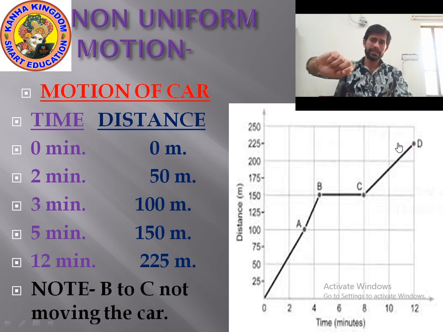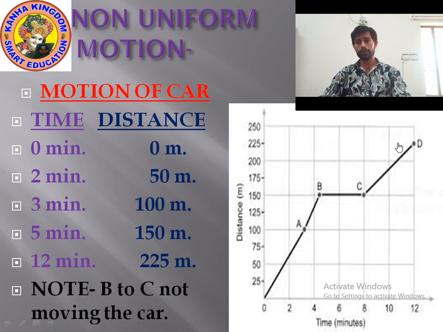So your father started the car engine and it is still at the same position. Now suppose your father starts driving and drives the car for 2 minutes, and the distance traveled by the car is 50 meters. It means the car traveled 50 meters within 2 minutes.